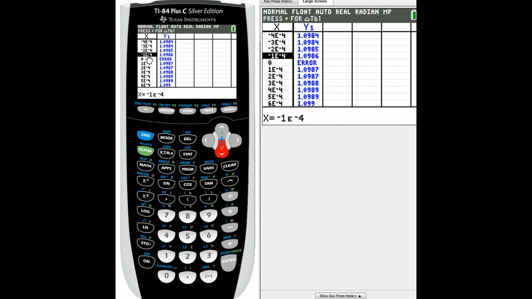It says rounded to 4 decimal places. You can see there that one's 1.0986. Let's go see what's happening to the right of 0. Same thing, 1.0986, well 1.0987, but it's pretty close as far as the estimate, so you wouldn't be counted off if you were slightly off on that last decimal place.